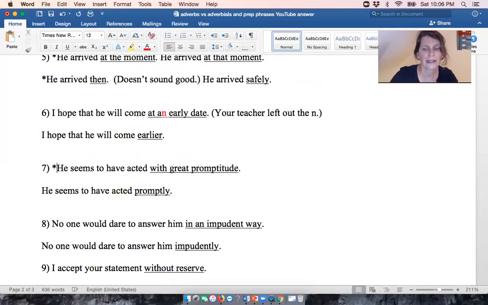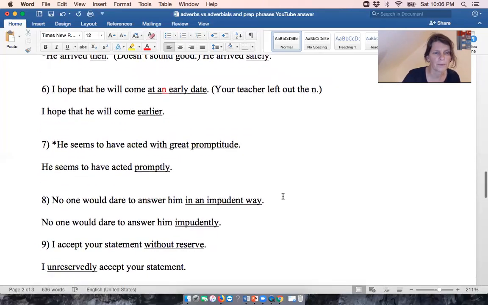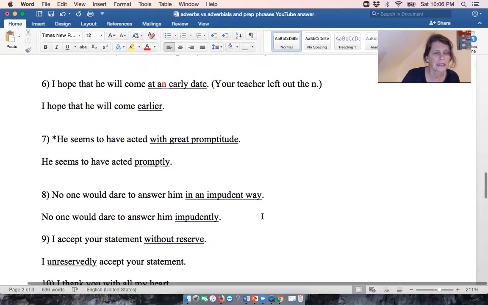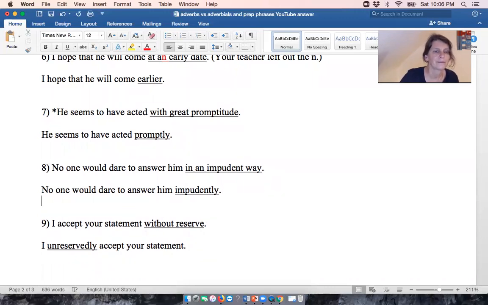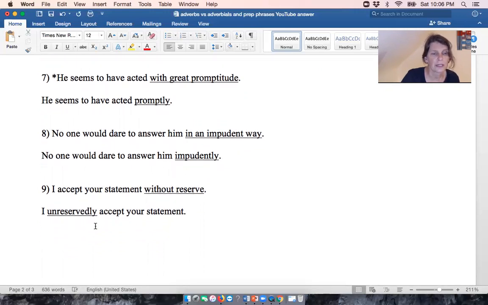This one is not nice. Asterisks always indicate that the sentence has a problem. No one would dare to answer him in an impudent way, also very klutzy. No one would dare to answer him impudently. Yeah, well. I accept your statement without reserve becomes I unreservedly accept your statement.